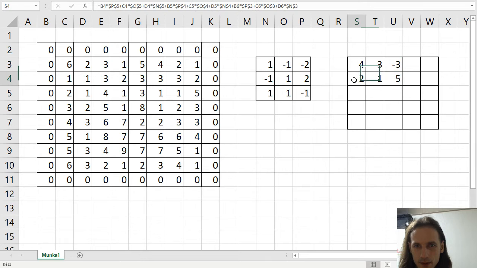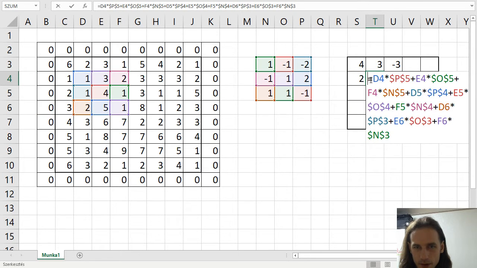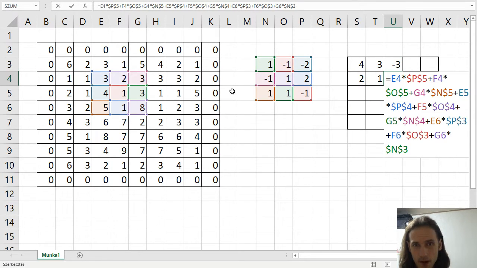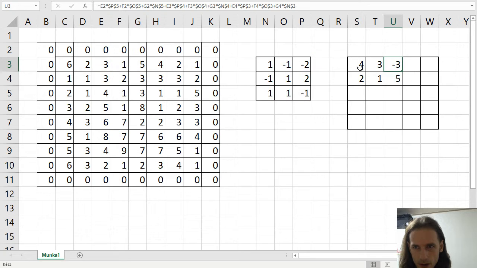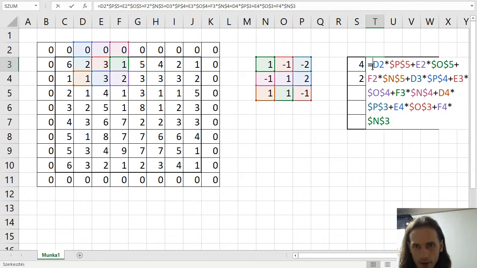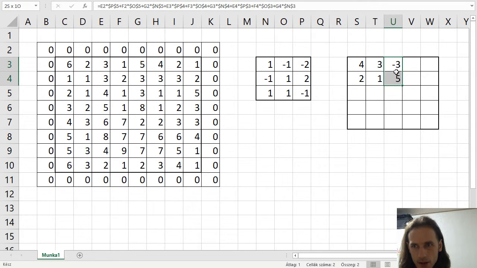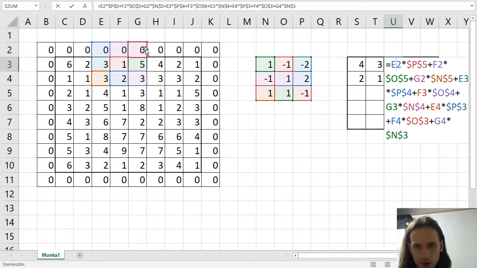This one goes from there, this one from there. So we have 1, 2, and 3 parts. Right? No, what did I do wrong here? I did everything wrong. I messed these parts up.